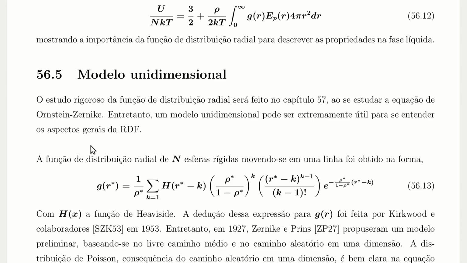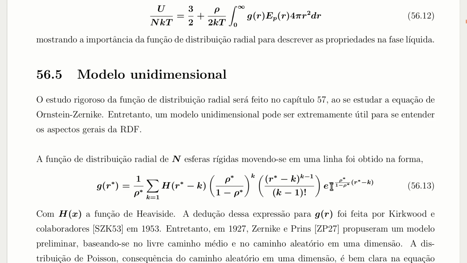It's important to mention that this expression is also a solution of the Ornstein-Zernike equation, but it was not obtained by using the Ornstein-Zernike equation the first time. It was obtained by using a random walk in 1927 by Zernike and Prins.